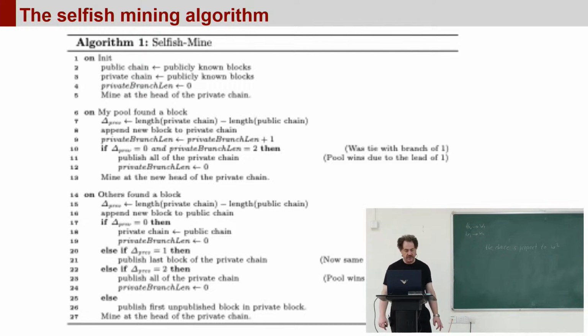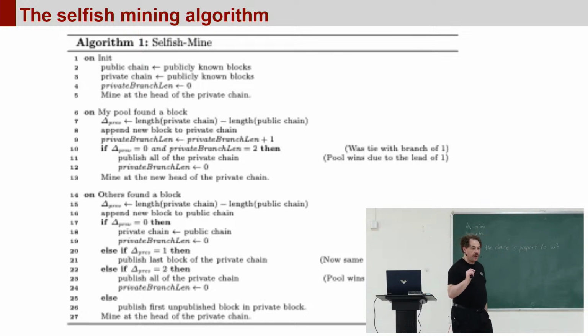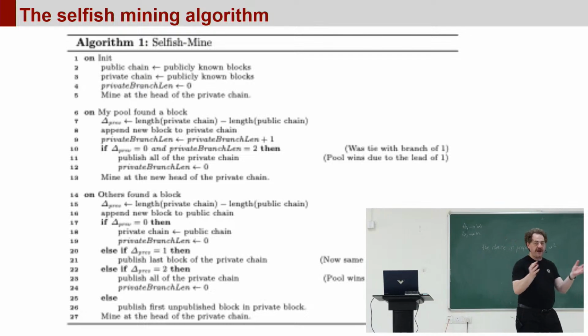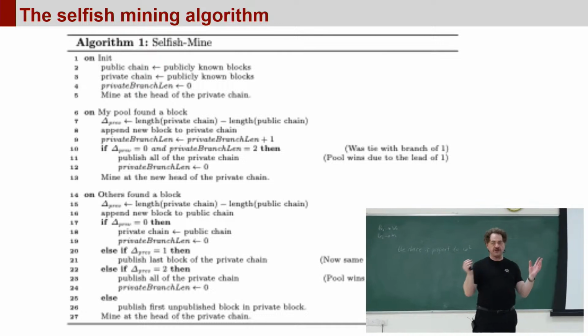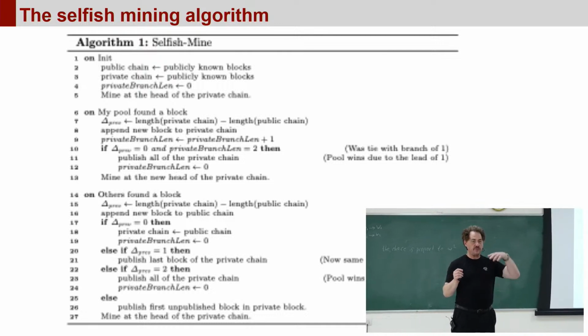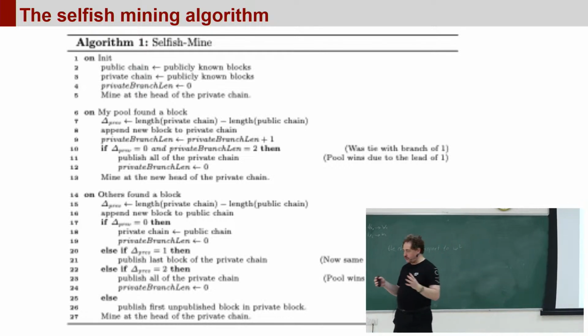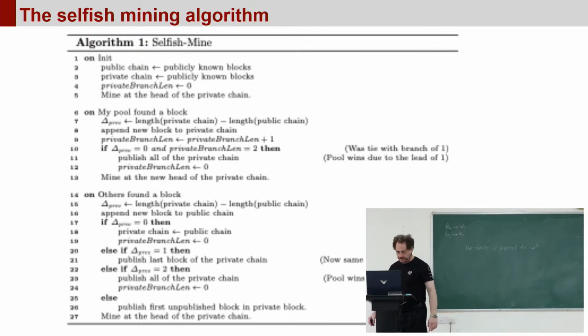Okay, in this case, what do I do? I publish the last block of the private chain, and then I compete with the block of the public chain. So now there is branching. There are two branches of the same length, that of the public chain and that of the private chain. So it's unknown who wins.